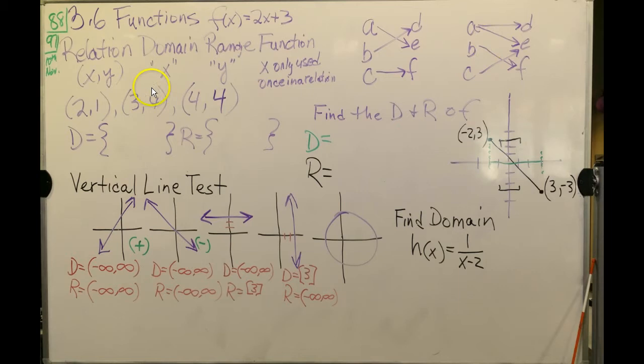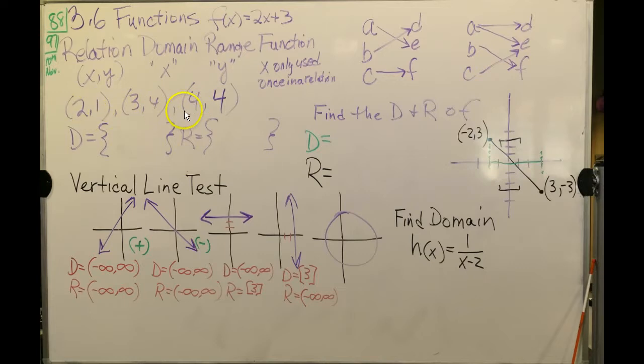Then we said, well, how about if they ask the question, write the domain of these ordered pairs? Well, we would take out the x of each one and place it here. So it would be 2, 3, 4. Now, are the x elements used more than once?